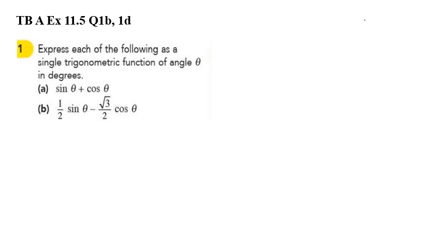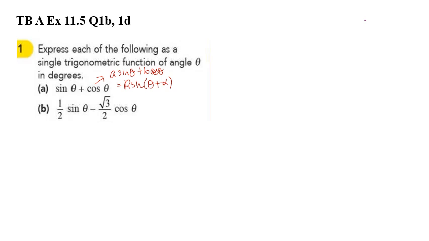So this sine theta plus cos theta will be comparable with A sine theta plus B cos theta. You remember the R formula that we'll be using here will be R sine bracket theta plus alpha.